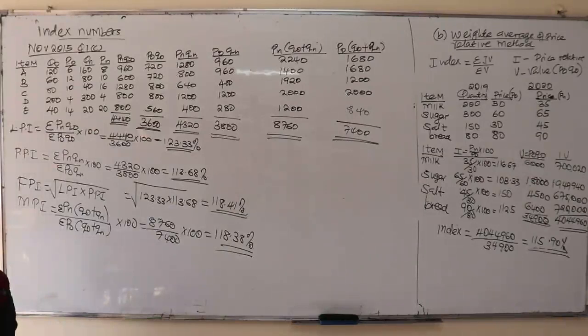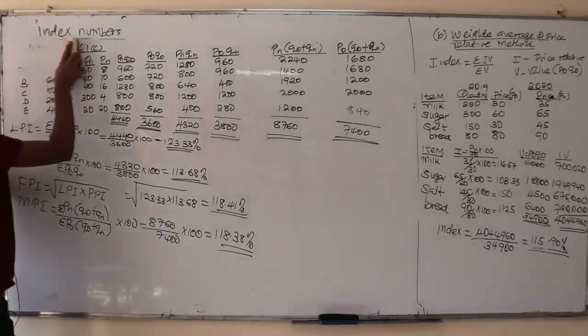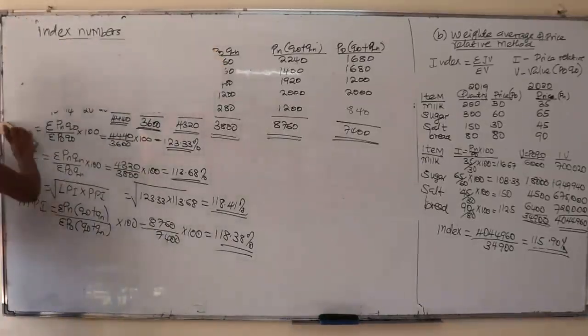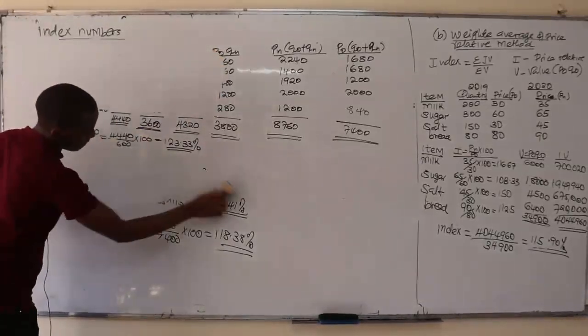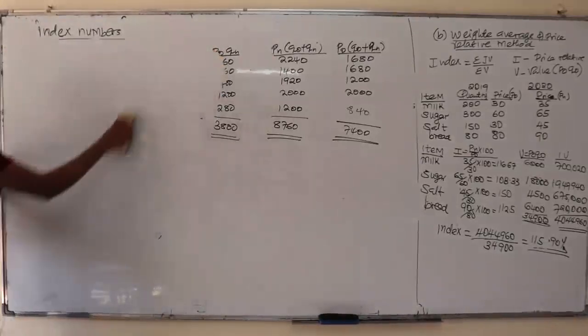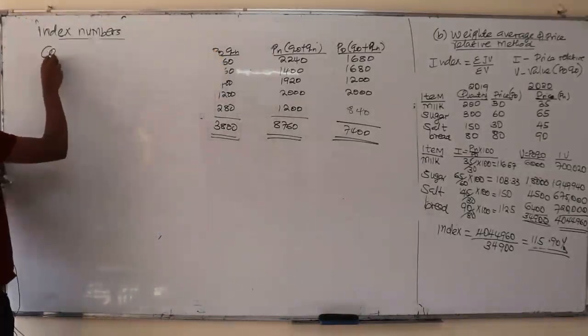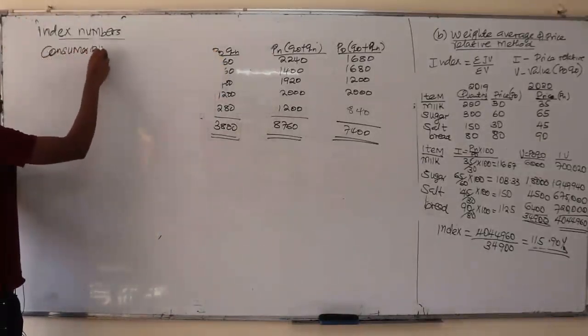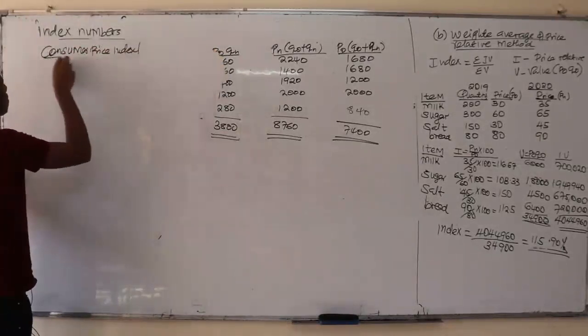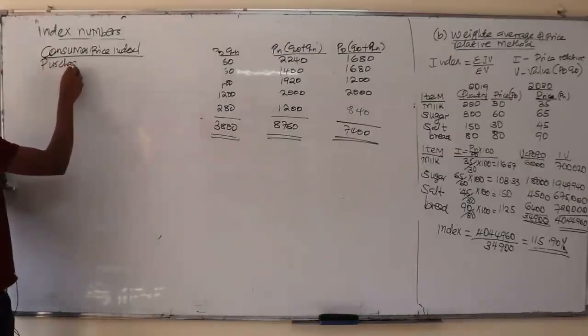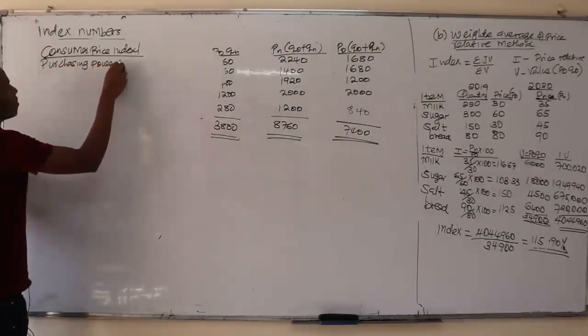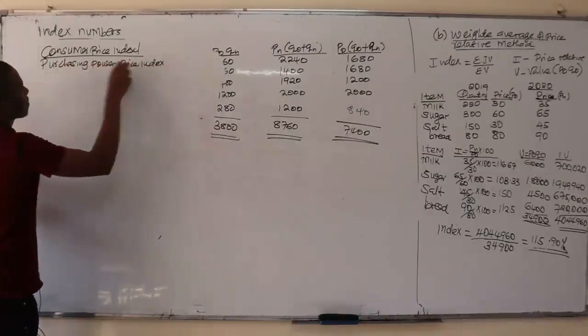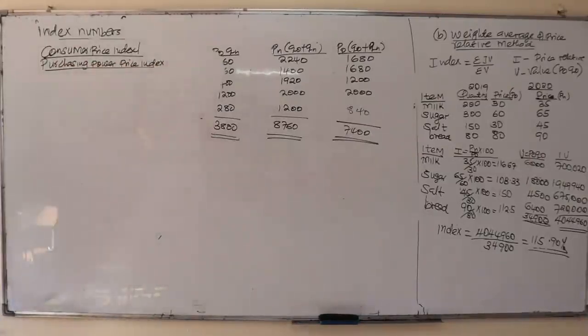You can call it the purchasing power price index, or in other cases you can also call it the cost of living index.